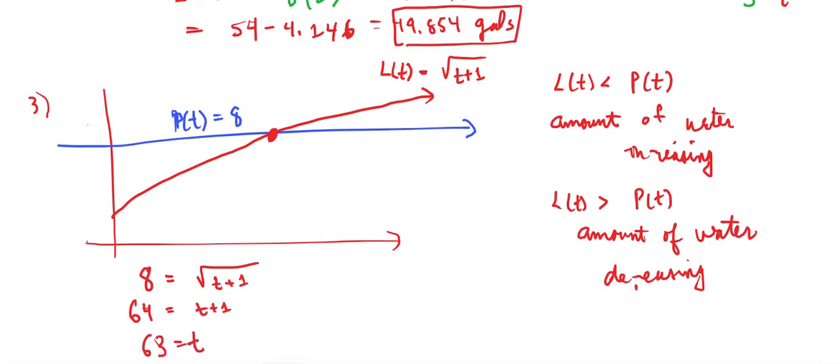So at exactly 63 minutes, the amount of water in the tank is at its absolute maximum, because after that, the leaking rate is greater than the incoming rate. So when the thing that's going out is going out faster than what's coming in, then the amount of water in the tank is decreasing.